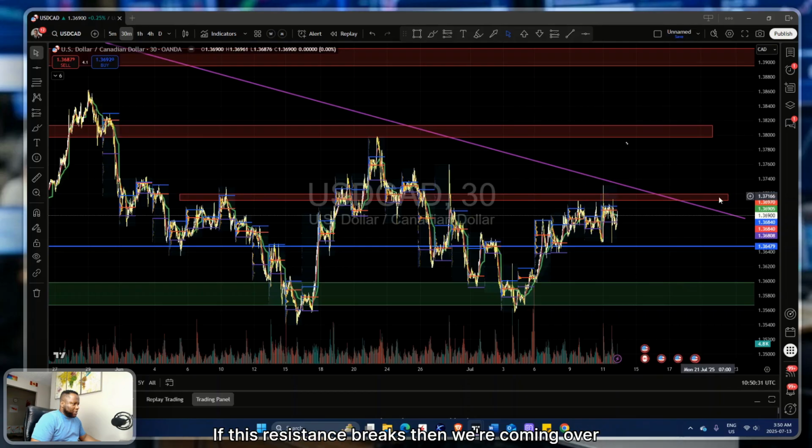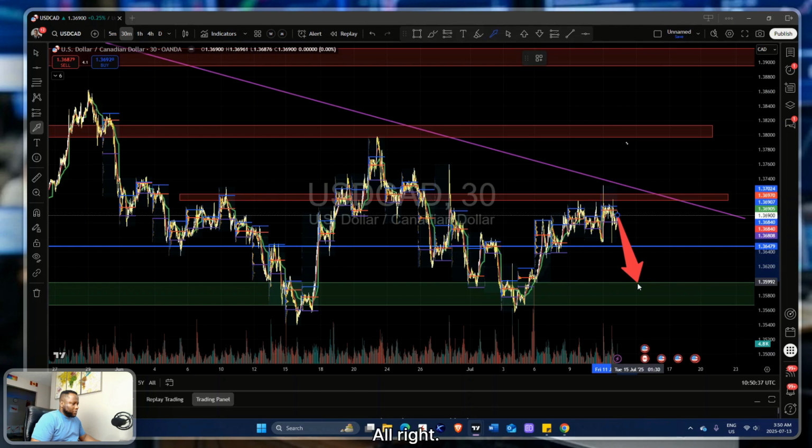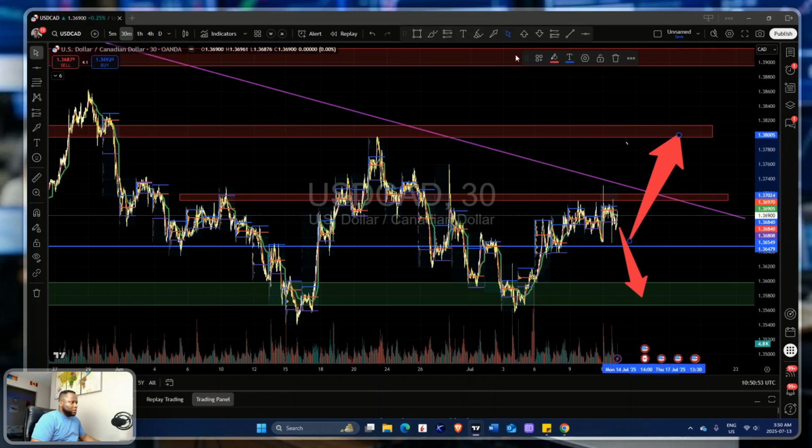If this resistance breaks, then we're coming over here. So basically, you want to look for something like this. If this area breaks, the blue line breaks, we're coming down here. If this is not what is going to happen, then we're looking at something more of this area.